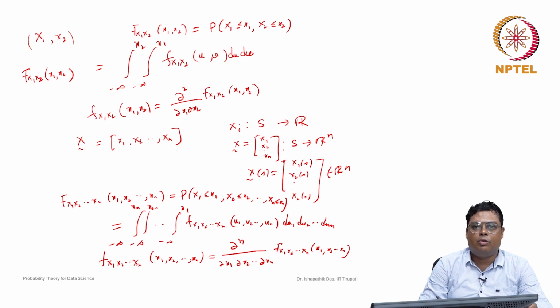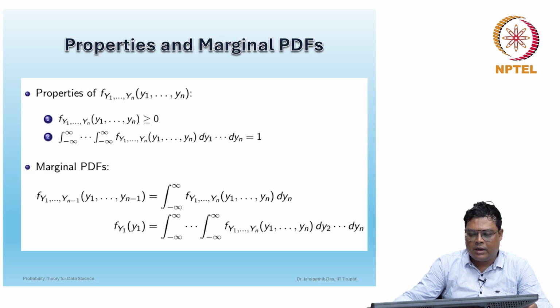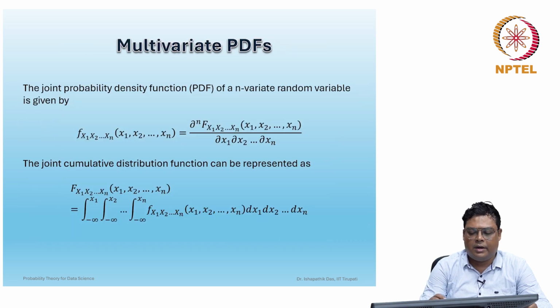Similar to the univariate and bivariate cases, this function has some properties, which are written here. The joint probability density function of an n-variate random variable is given here, and the joint cumulative distribution function can be represented in this way, which we have already discussed.